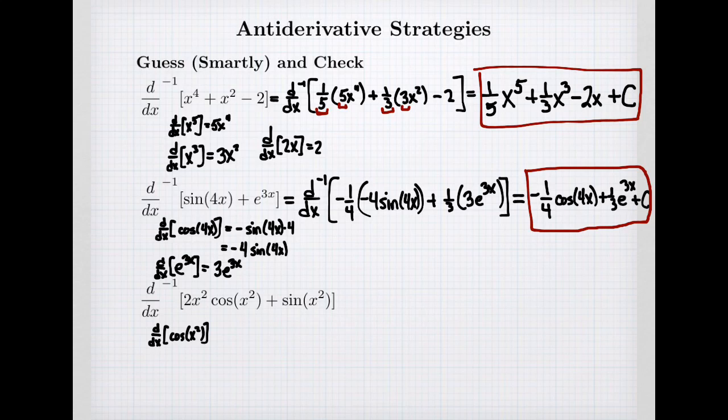So what happens if I take a derivative of cosine of x squared? Let's see, I get negative sine of x squared times a 2x. And so I have the sine of x squared, but a 2x.